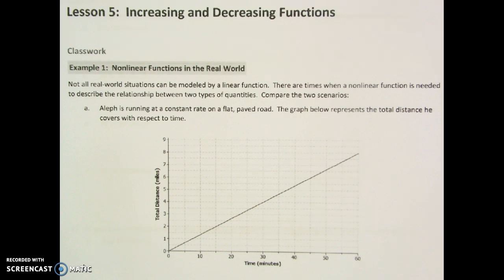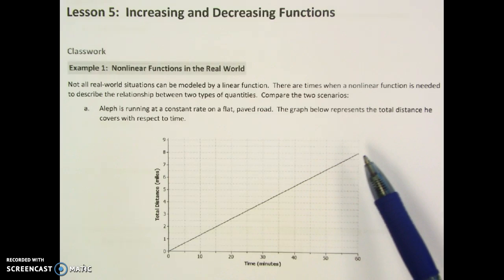So here in example A, Aleph is running at a constant rate on a flat paved road. You can see it looks like she or he is going at a constant speed because the slope of this line does not change. Slope is the same as their speed.